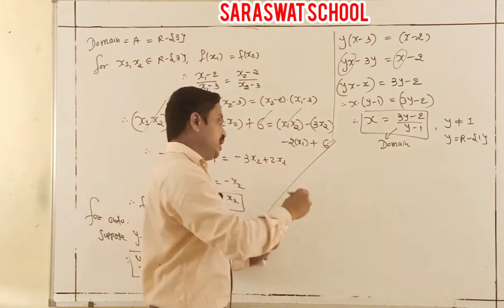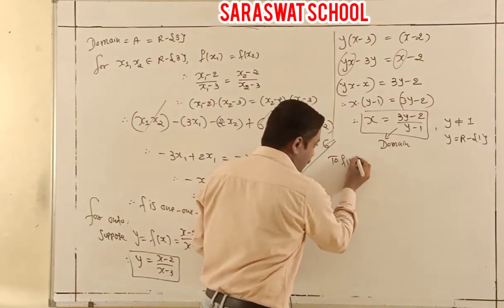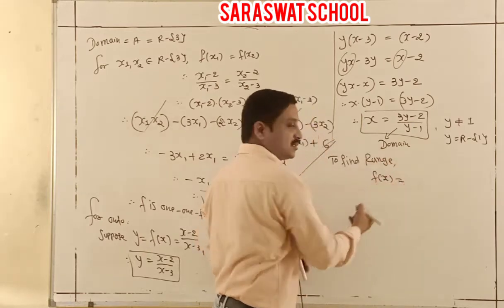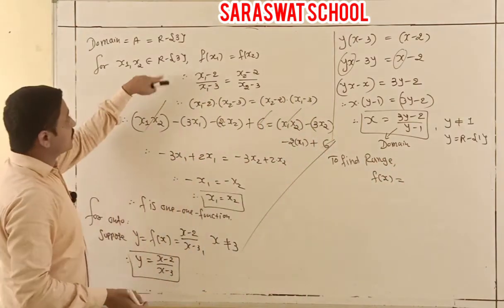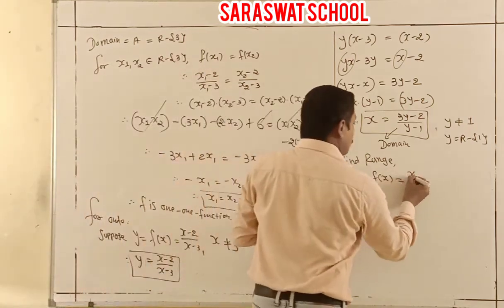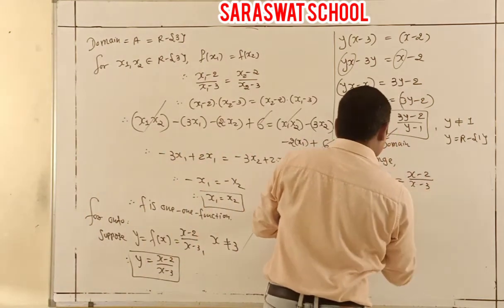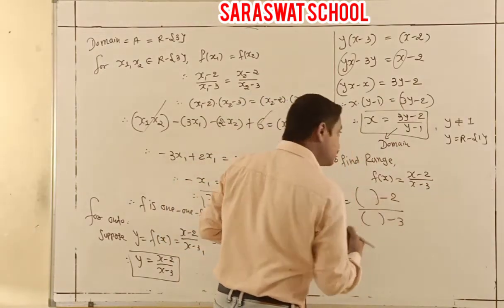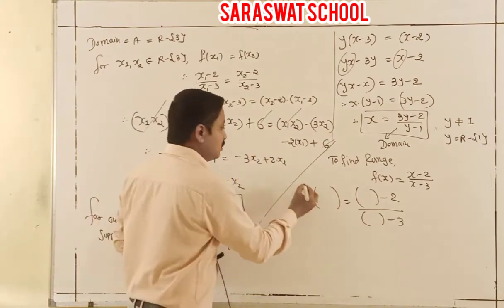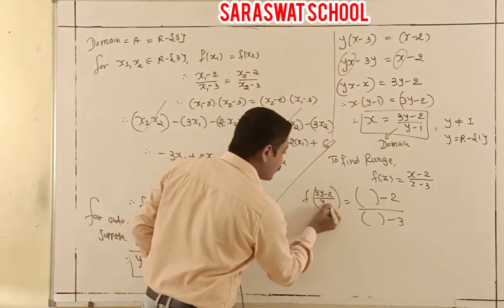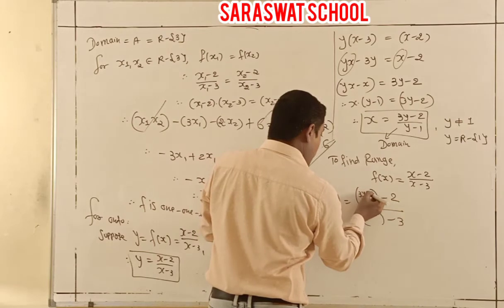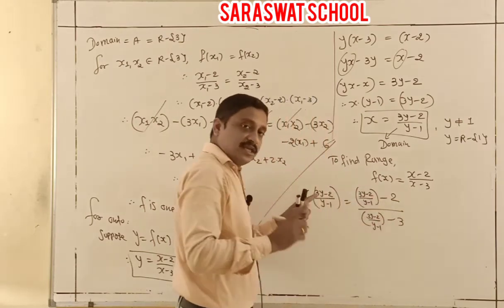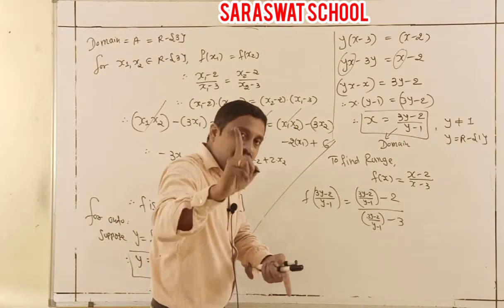Now I find out the range. To find our range, definitely range wise is going to f(x), students. What is your f(x)? This is your f(x): x minus 2 by x minus 3, and apply your domain one by one. What is the domain value? x is 3y minus 2 by y minus 1, the same. This calculation is the definition for the range.